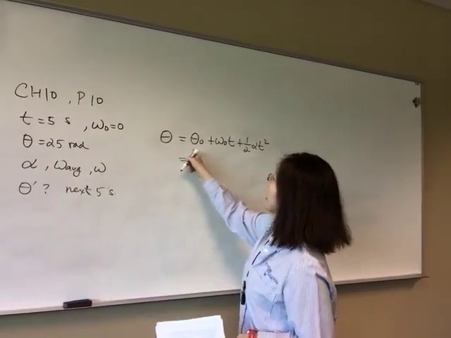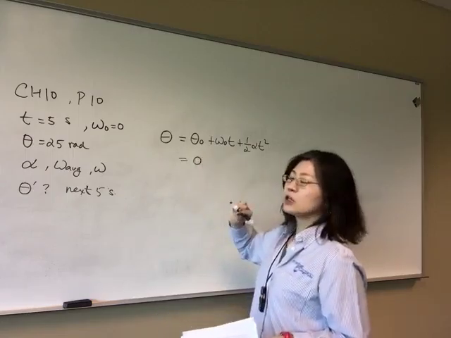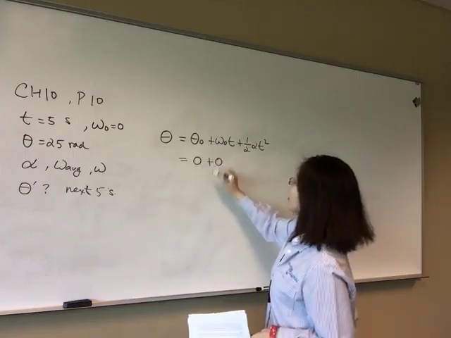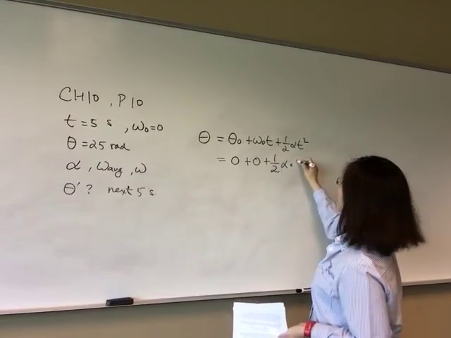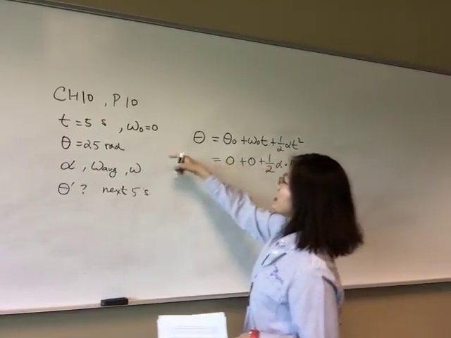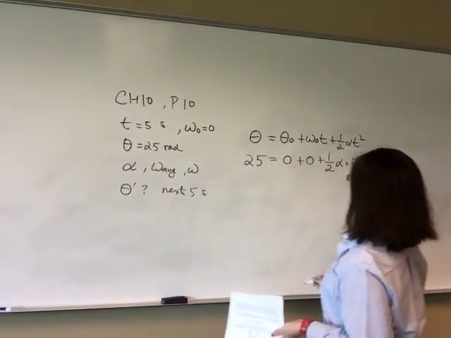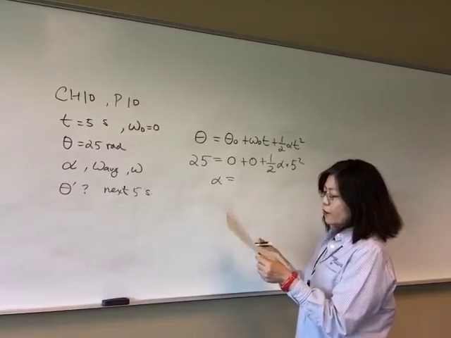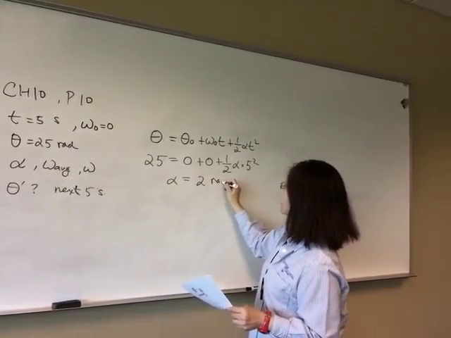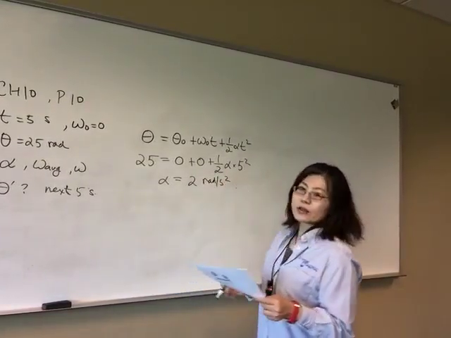Initially the angular position is set to 0, there's no angular velocity initially, and then you have 1/2 alpha, your time is 5 seconds, and your theta here is 25 radians. After you do that, you can see that your alpha is 2 radians per second squared. So that's your alpha.